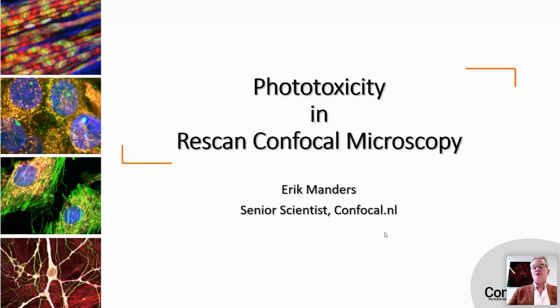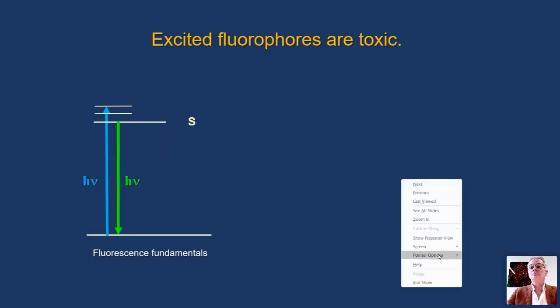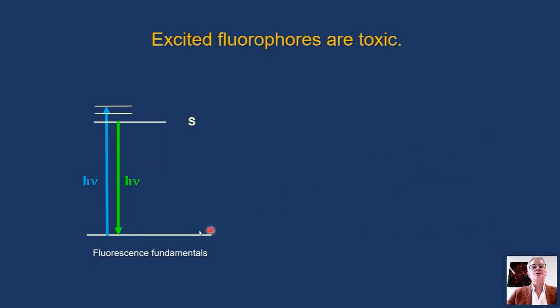To answer that question, we first go to the fundamentals of fluorescence, the Jablonski diagram you see here. You see how fluorophores are excited by excitation light and emit a photon when they go back to the ground state.